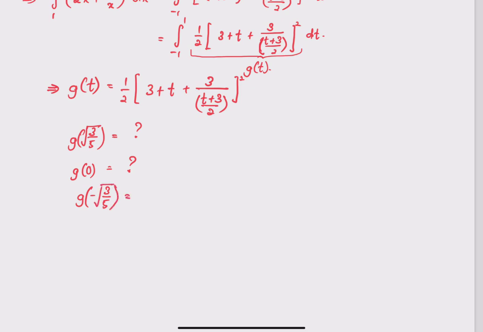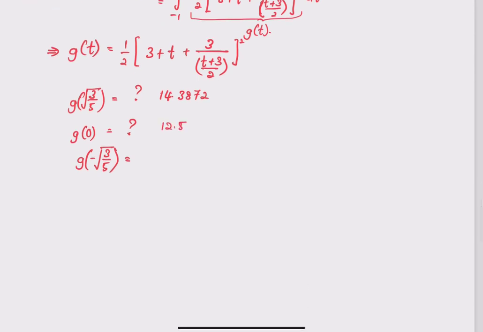For the first one, when t is equal to root 3 upon 5, you should get 14.3872. When t is equal to 0, you'll get 12.5, and when t is equal to negative root 3 upon 5, you will get 12.1108 if you take 4 decimal places.